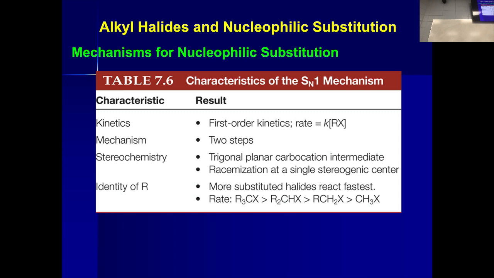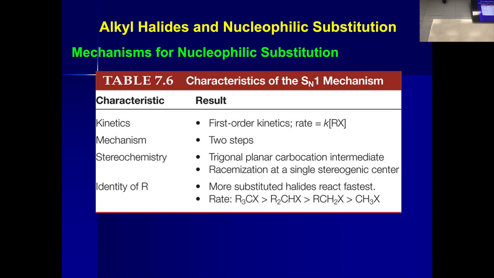Well, here's some things just to refresh our memory. We know that the rate of this reaction, an SN1 reaction, is only going to be dependent on the concentration of the alkyl halide. We know it's going to be 2 steps. We know it's going to have a carbocation intermediate. And we know from looking at all these experiments that the more substituted the halogen, the faster it reacts. We know that a tertiary alkyl halide is faster than a secondary, and so on.